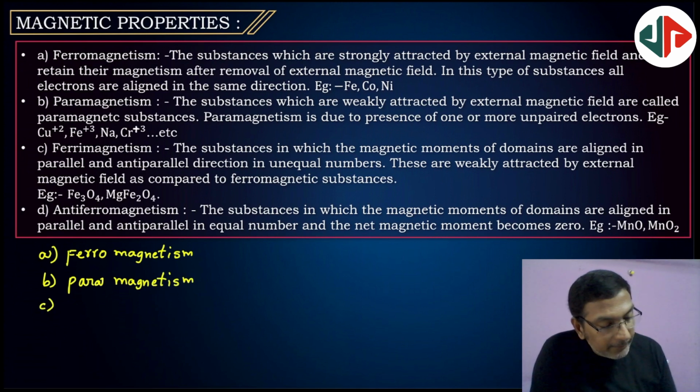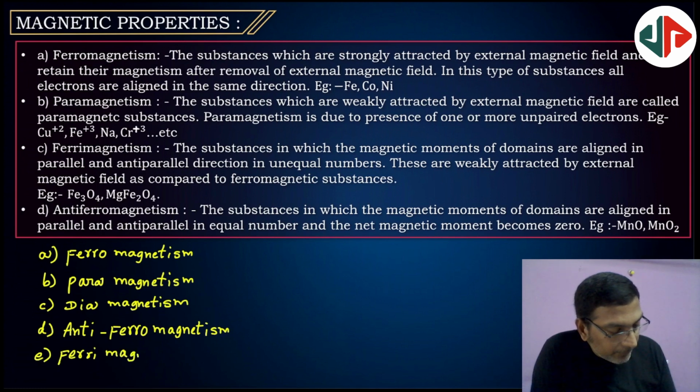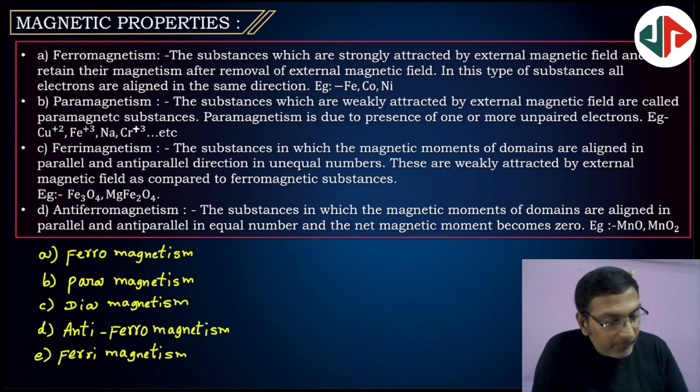Next, diamagnetism, antiferromagnetism, and at last ferrimagnetism. These are 5 types.